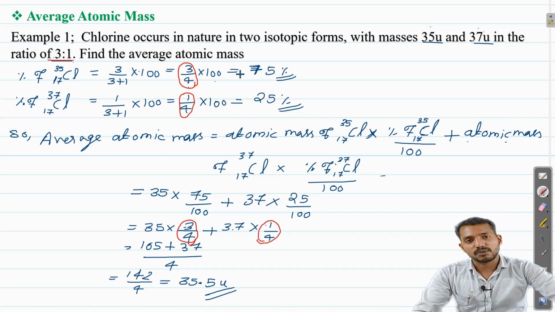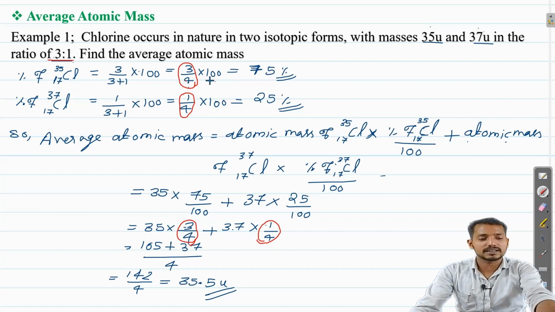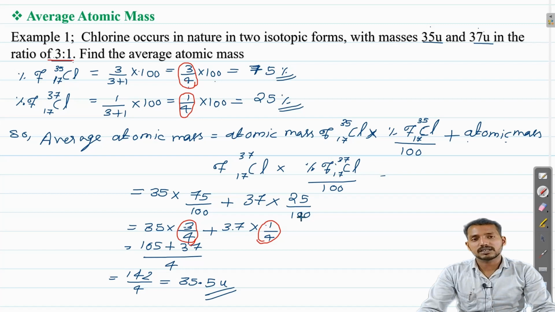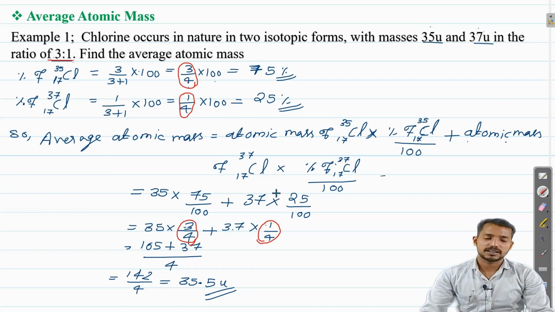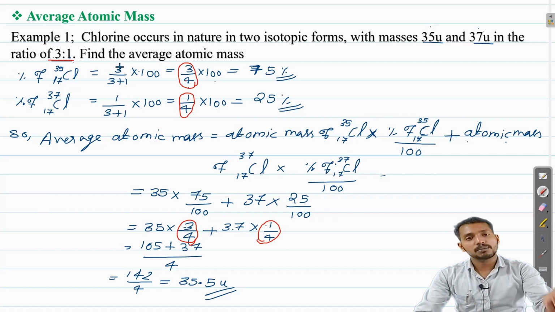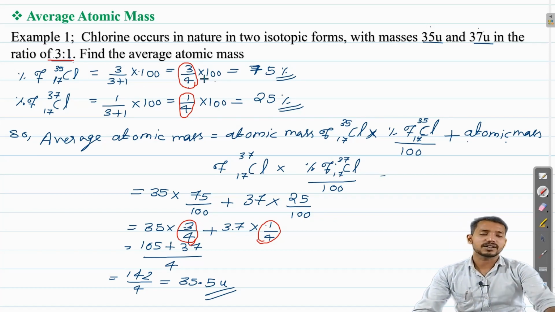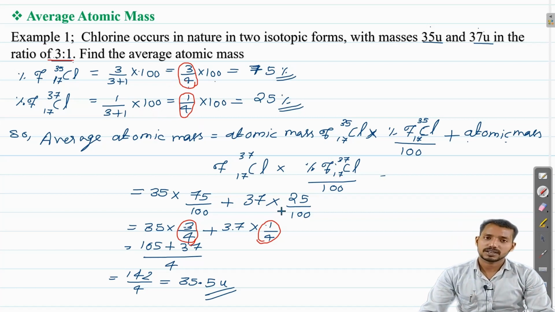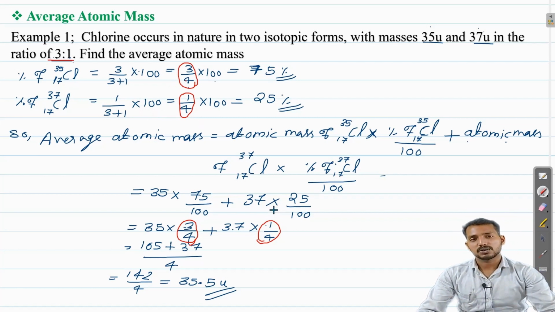Because when we find the percentage, we multiply by 100 and again we have to divide by that 100. So in the short method, we don't need to do that. Clear? We can directly find the fraction from the ratio. But if the percentage is given directly, then we can't do it like this. We have to calculate with the percentage itself. Clear? So you have to notice that also.